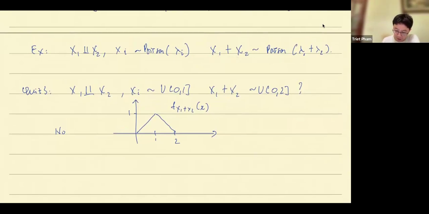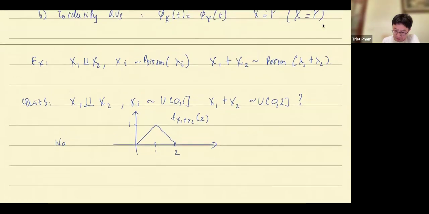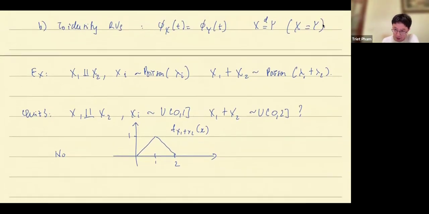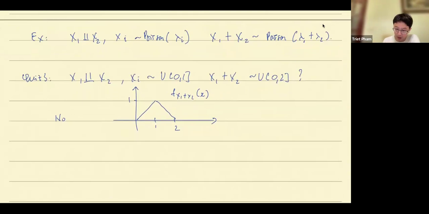So how do you prove this result? Do remember that summing random variables in general is a complex business. Taking expectation is easy because it's linear. Taking variance, I wouldn't call it easy, but it's not as challenging, especially with independent random variables, because the variance of a sum is the sum of variances.